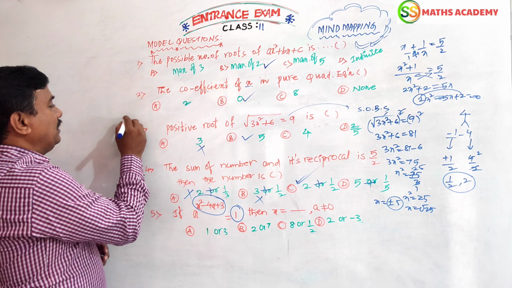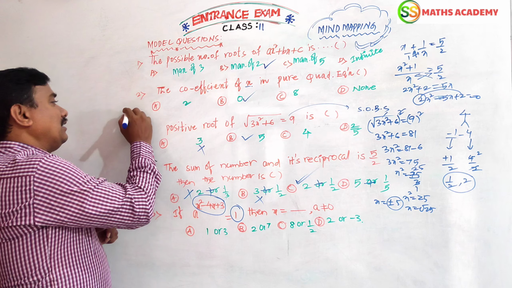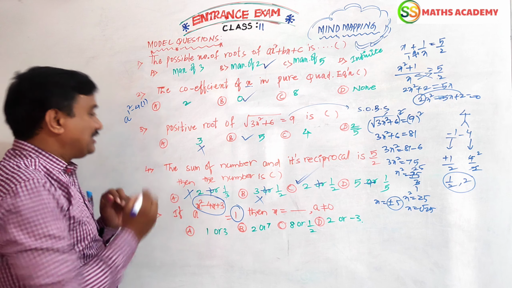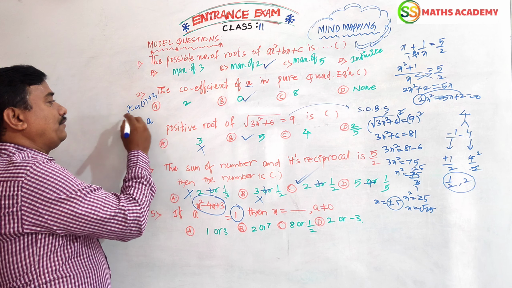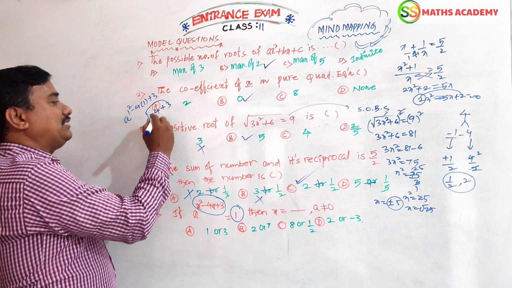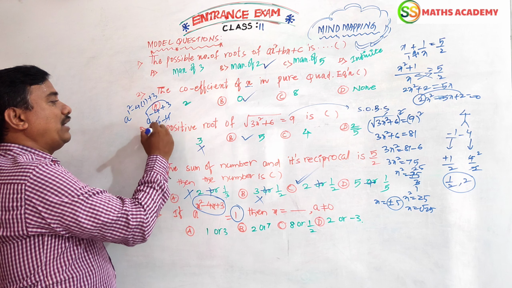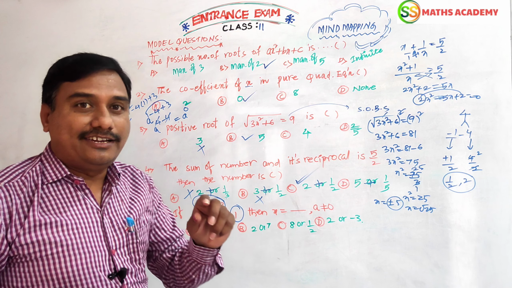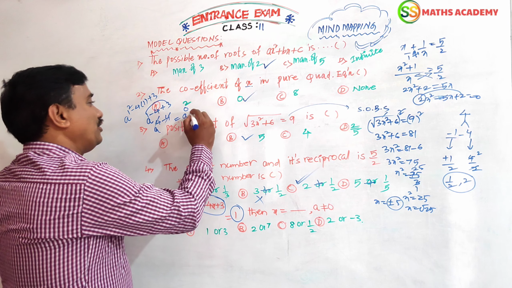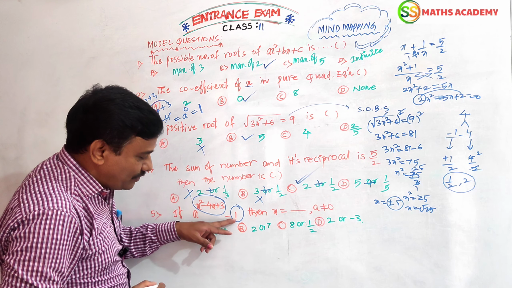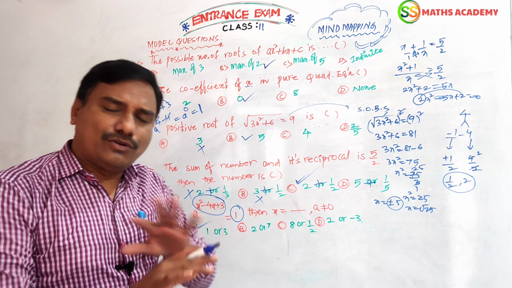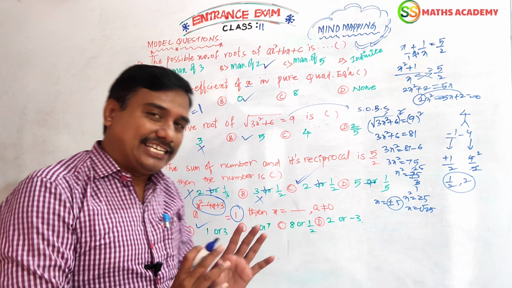Here I am substituting: x square is 1 square, minus 4 into 1, plus 3. 1 square is 1, 4 times 1 is 4, plus 3. Here plus 1 plus 3 is plus 4, minus 4 plus 4, they cancel. So a to the power of 0, and by the formula a to the power of 0 equals 1. This one is true for our question. So this is the answer. No need to check that one; if you want, you can check it.